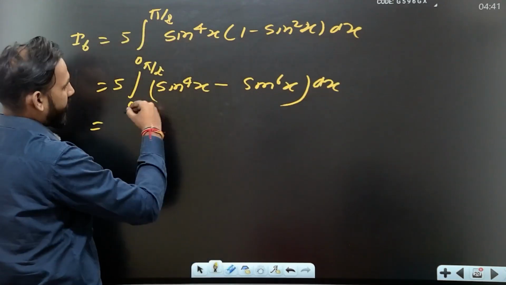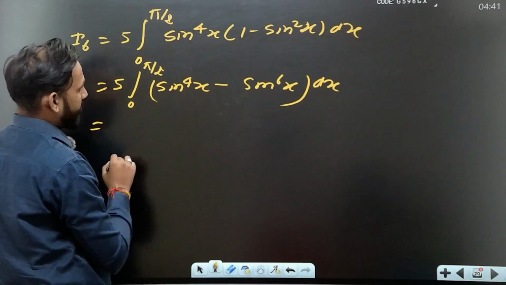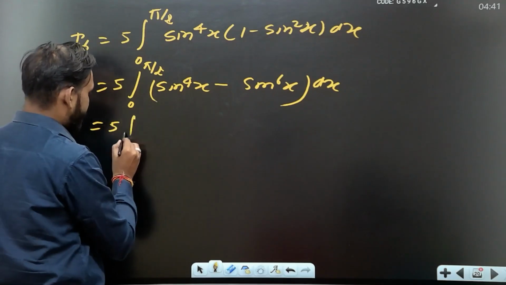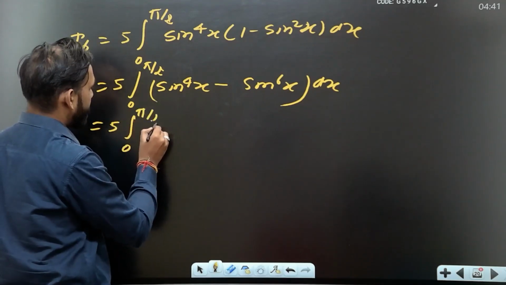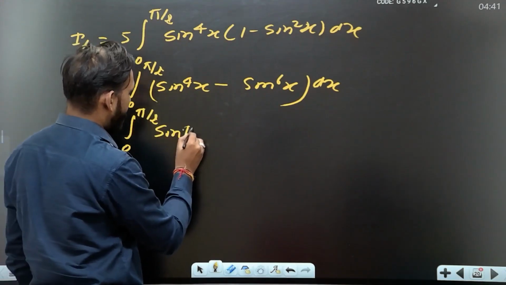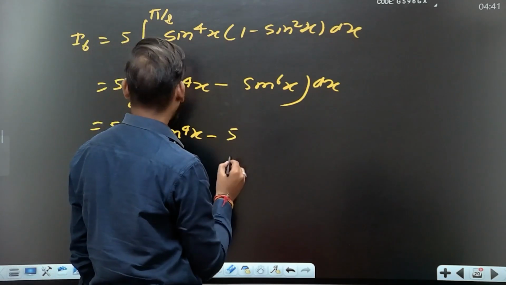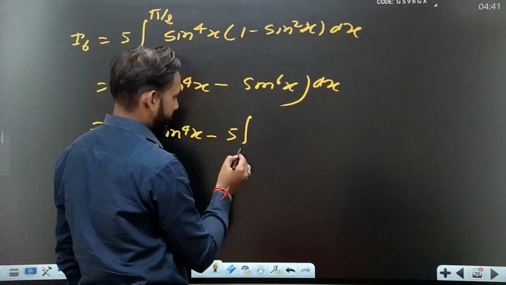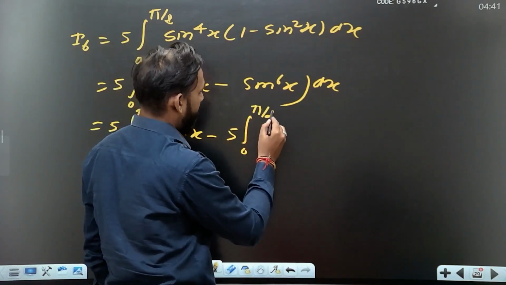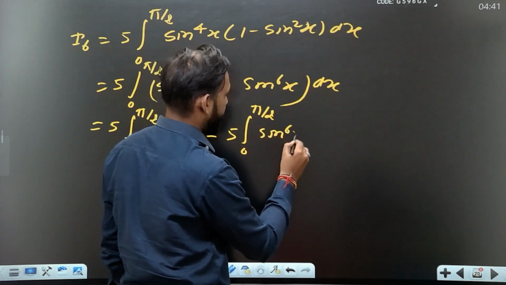And if we separate these integrals, multiplying the 5 inside, we get sine to the power 4x dx minus the integral from 0 to pi by 2 of sine to the power 6x dx.